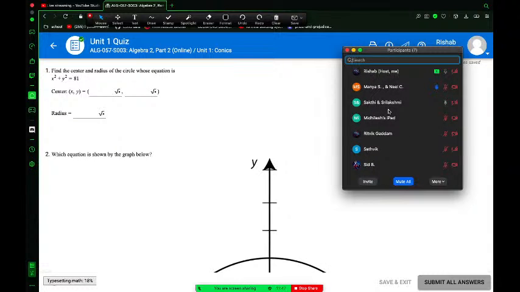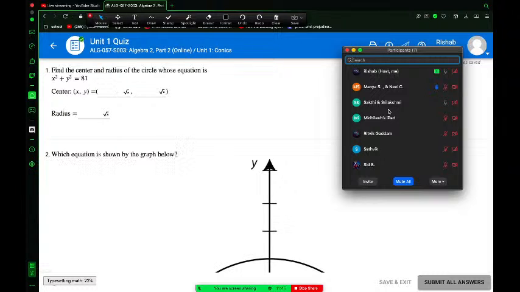Can you repeat what you said again? I had my volume a bit low. Okay, what I said was, if you want to do this question, then raise your hand in the participants list. Oh, okay.